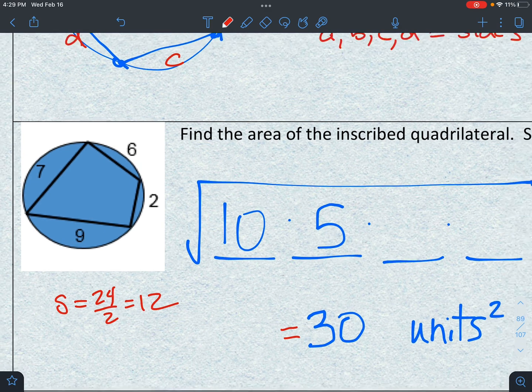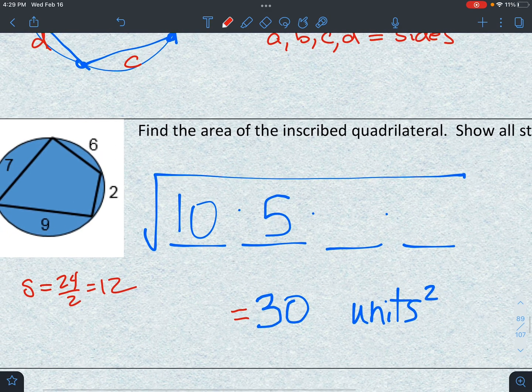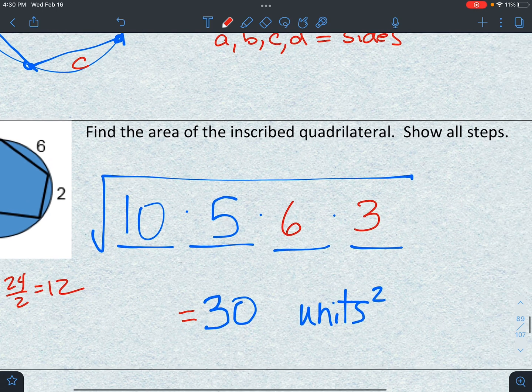Now I'm going to go through again, subtract all four sides from 12. 12 minus 2, 10, and so on and so forth. 12 minus 6 is 6. 12 minus 9, I think, is 3. So there it is, 10, 5, 6, 3. I think I got them all. All right. Well, I think I get 900 there.